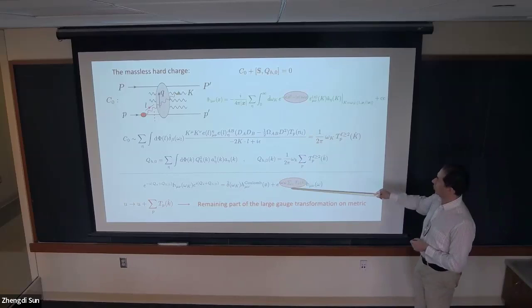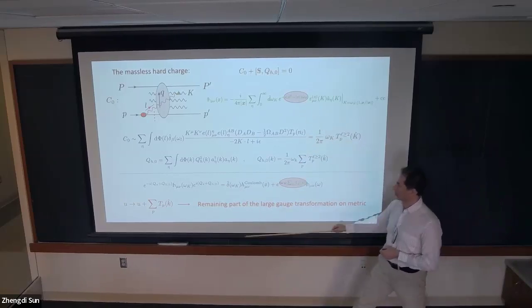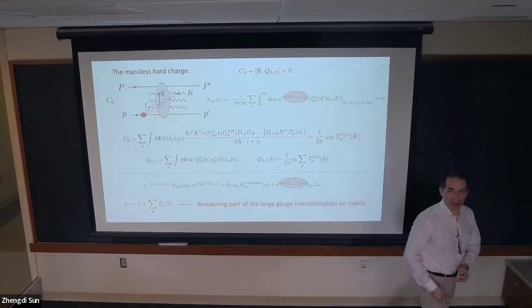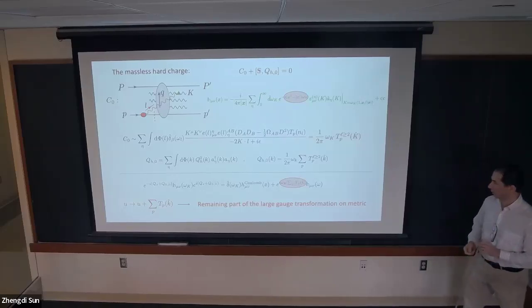So combining these two, omega is common between the two, so this thing just shifts the retarded time, and this is exactly what the gauge transformation instructed us that we should do.